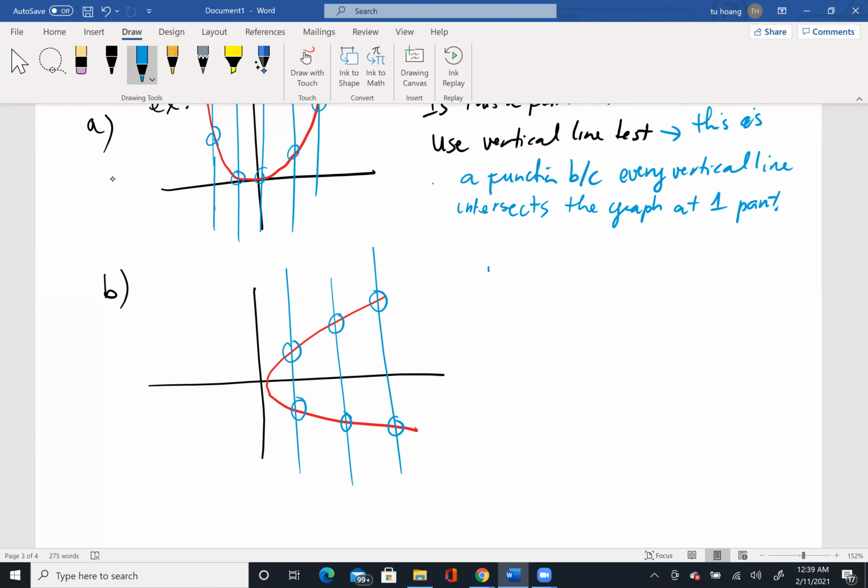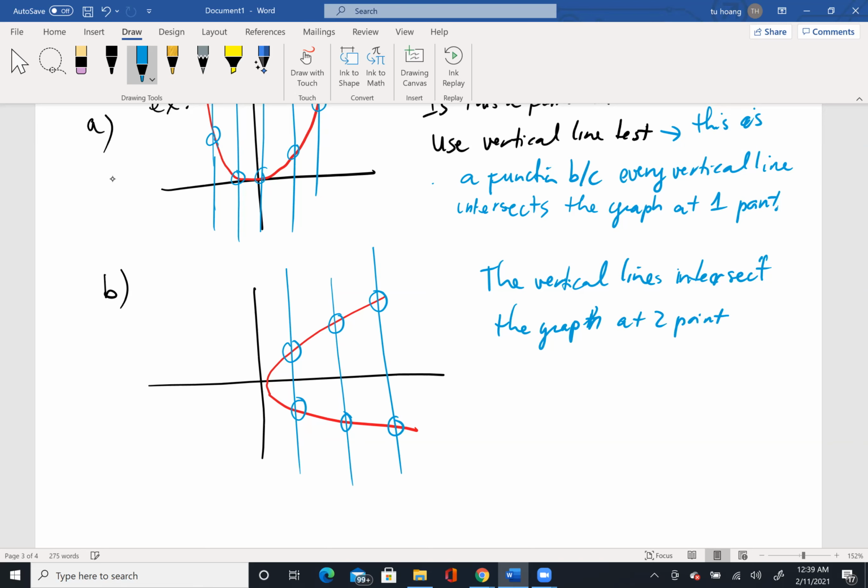So the vertical line intersects the graph at 2 points.